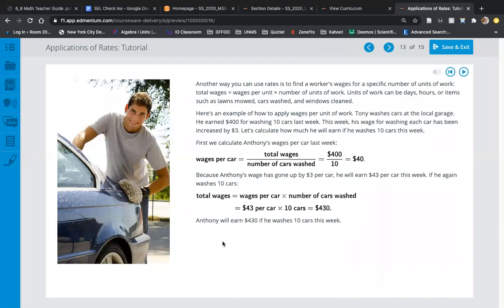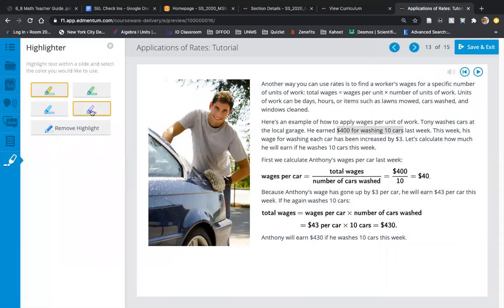So just another example that's really similar to the last one is figuring out how much money somebody makes per car washed, all right? So in this example here, it says Tony washes cars at the local garage. He earns $400 for washing 10 cars, all right? So that's important information.